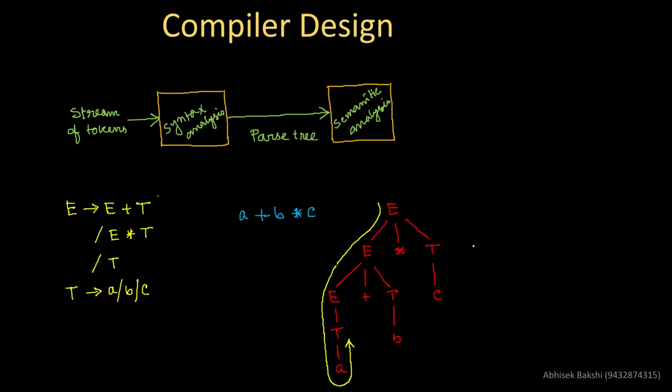So the first rule that you have to use to generate this parse tree is, in the first step you have to reduce this a to capital T, using which production rule? Obviously the production rule T to a, right? So the first production rule that will be used is T to a.